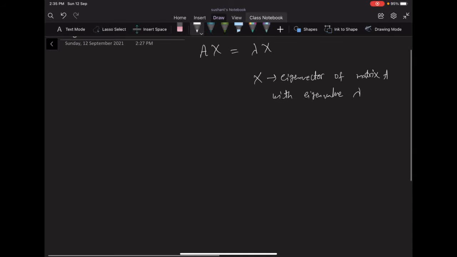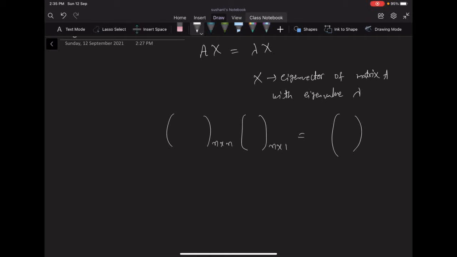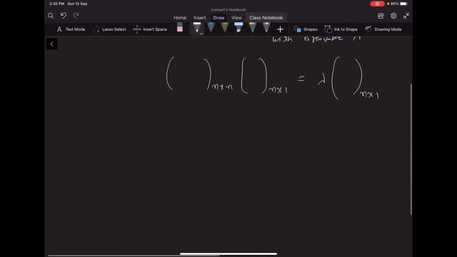So we can imagine this equation as A being an n cross n matrix acting on an n cross 1 column vector. Then on the right hand side we have the same column vector multiplied by some value lambda. An identity matrix has diagonal entries as 1 and all the non-diagonal entries are 0.